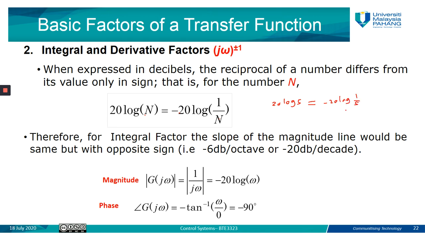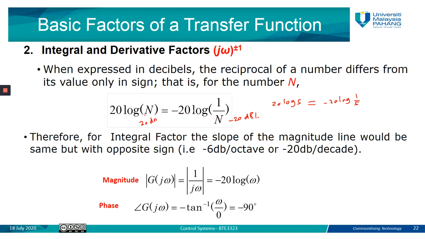You can try this using your calculator, and you will find the log formula is correct. So in the case of n, we got 20 dB per decade. Here we are going to have negative 20 dB per decade. It is the same value.